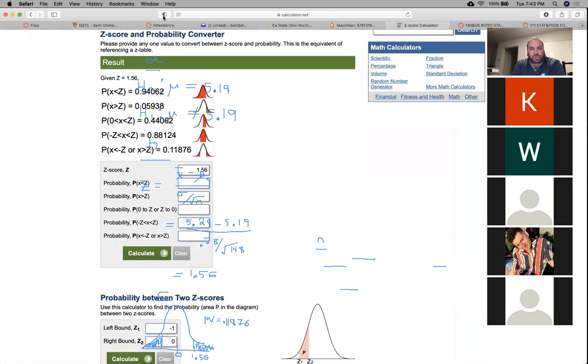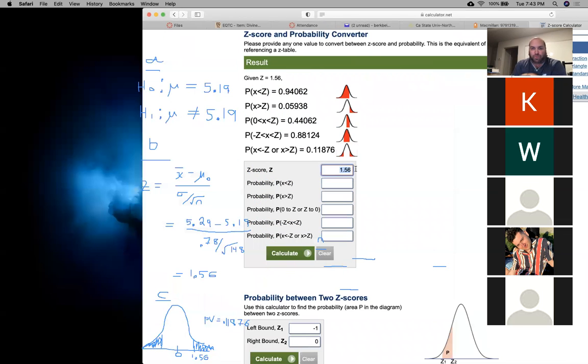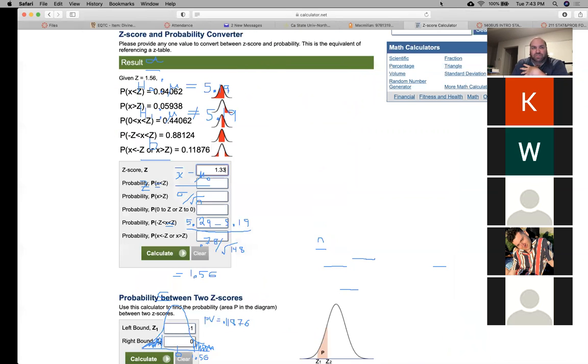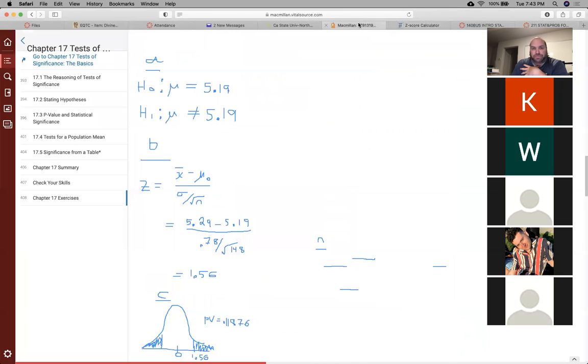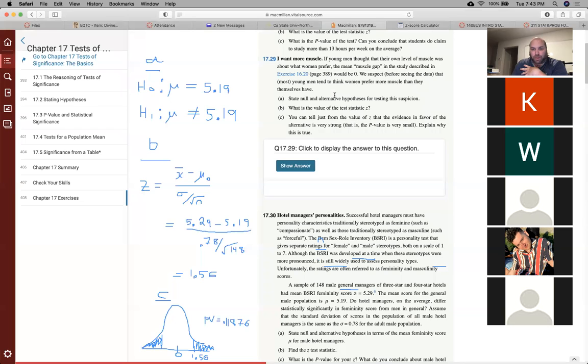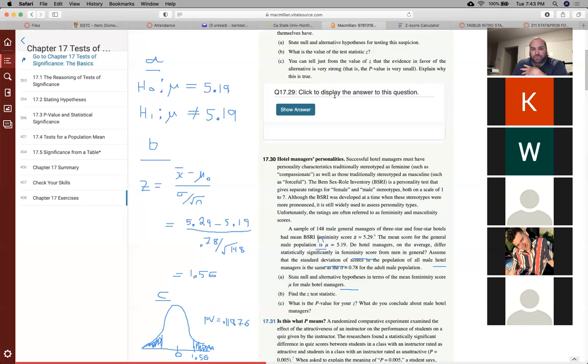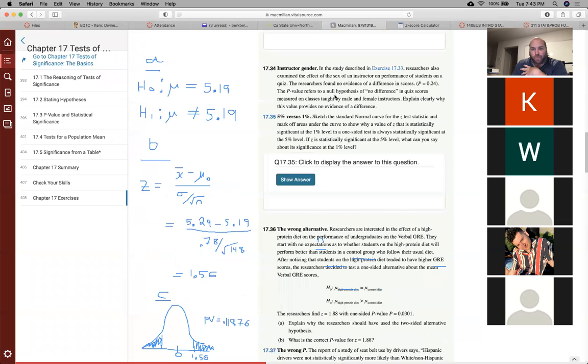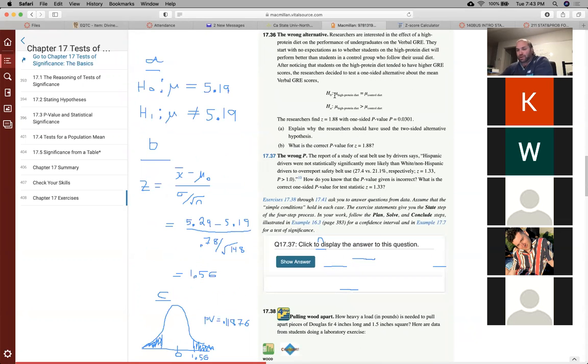Let's go back here. Z of 1.33. By the way, is this one-sided, two-sided? What are we dealing with in this problem? Where did it go? 37. How do I know it's one-sided?